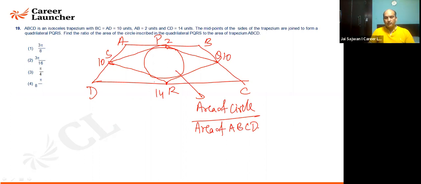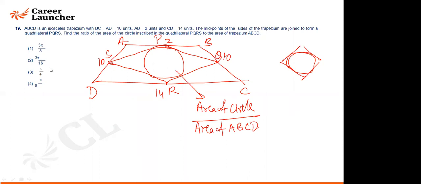Come on. This is inscribed, so it is going to touch it. All the four sides are going to be touched by the circle. The circle is like this. Fine. Come on, get the answer now. This is 3 pi by 16. This is pi by 8.